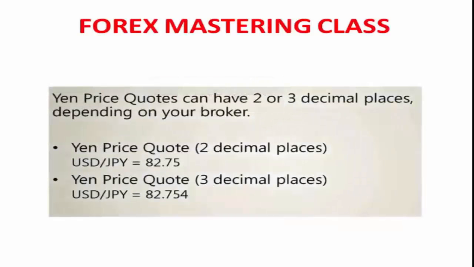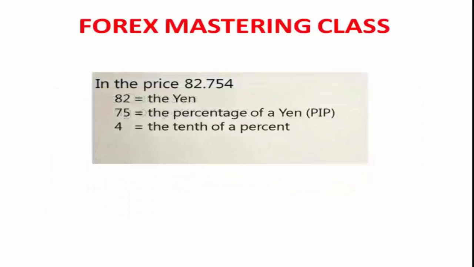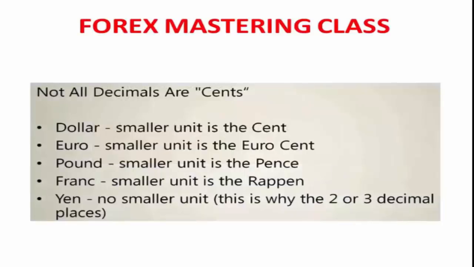Yen price quotes talk about 2 or 3 decimal places, as you can see on the screen. The same thing goes for the way we count, as we did with the other ones. So we have the 82 is the yen, 75% of that yen, then we have the 10th of that percentage.